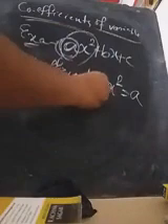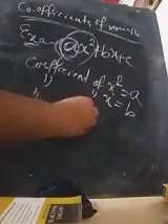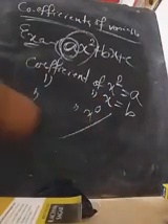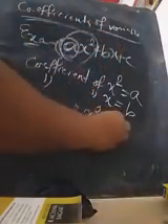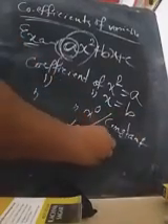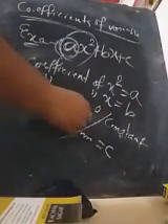So the coefficient of x is simply b. And c is the coefficient of x to the power 0, also known as the constant term. Why? There is no variable, so it is simply a constant. Or we can write it as the coefficient of x to the power 0.